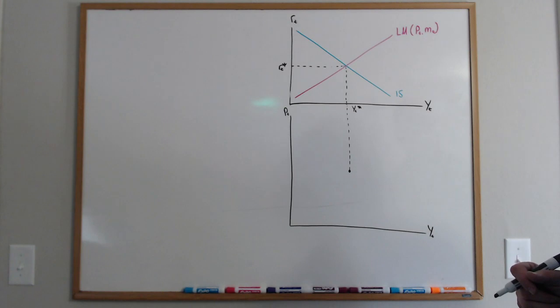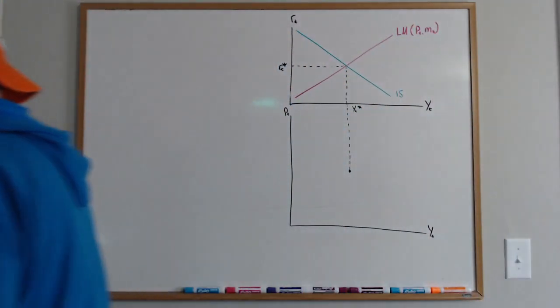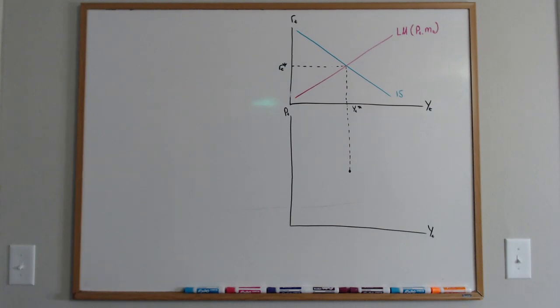So, which one do we want to do? Well, let's see what the book gives us. The book has us shifting the LM curve, so we're going to shift the LM curve.